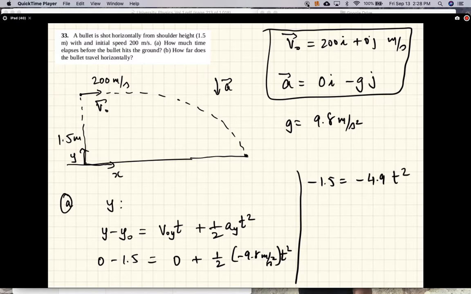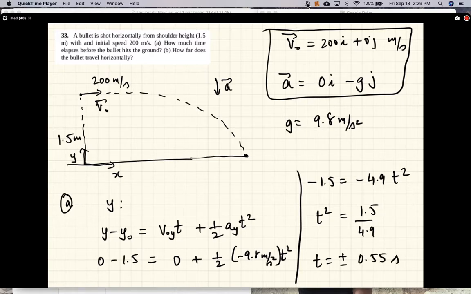And so we can calculate t from here. t squared is 1.5 divided by 4.9, and that gives us t is plus or minus the square root of that, which is 0.55 seconds.